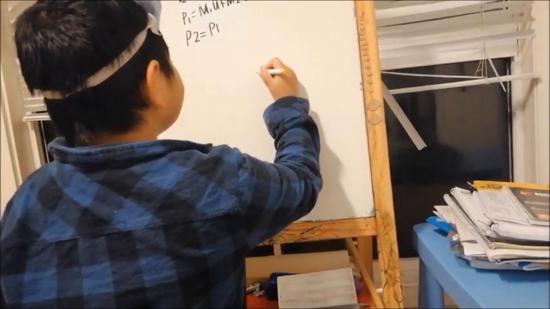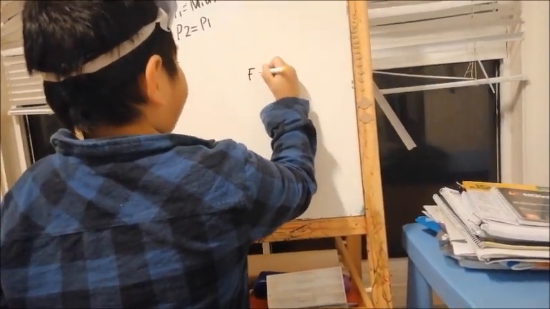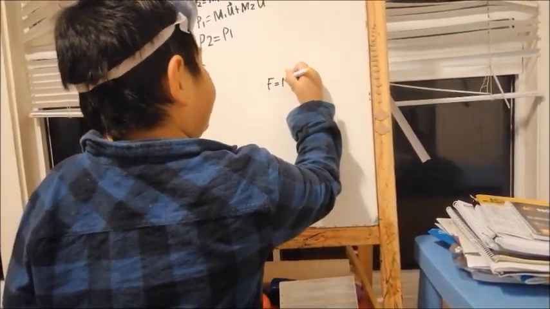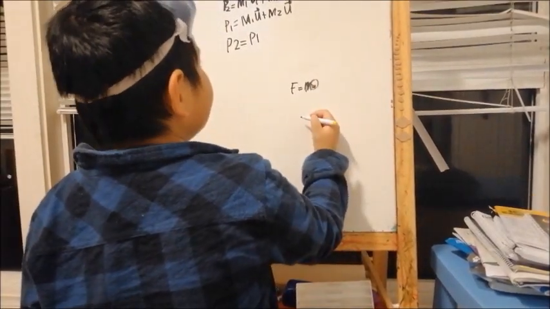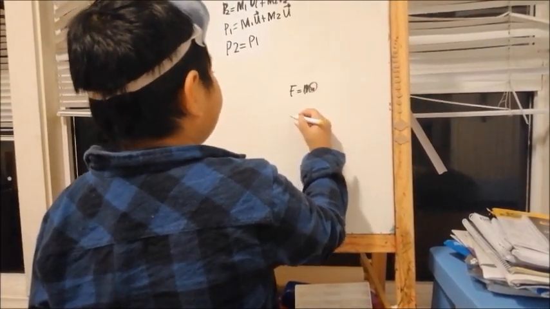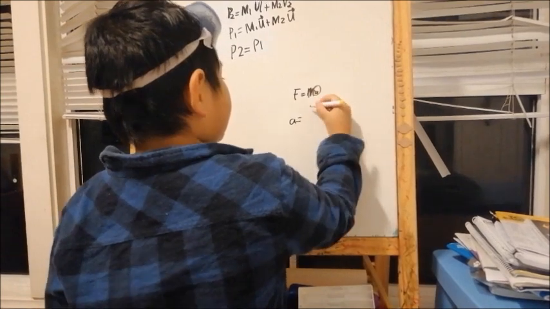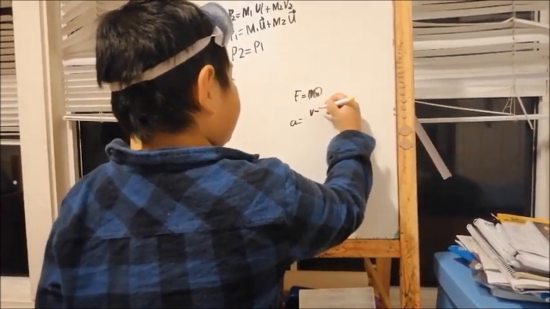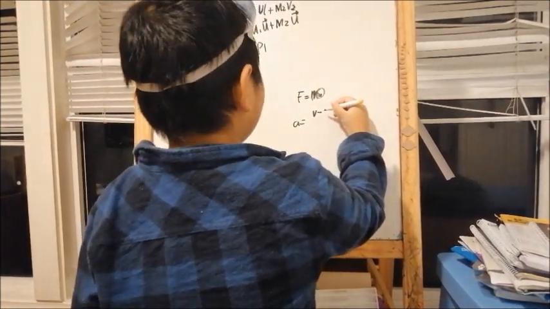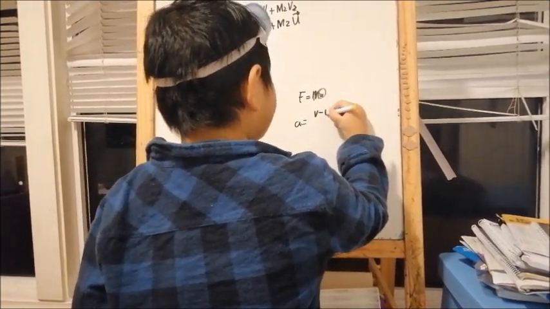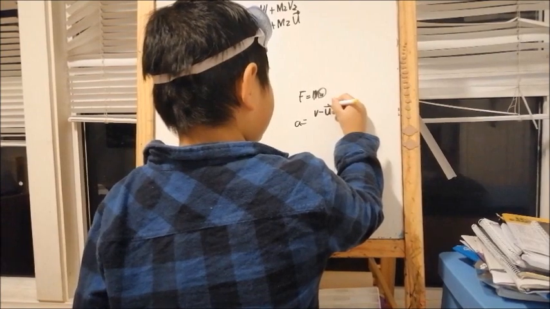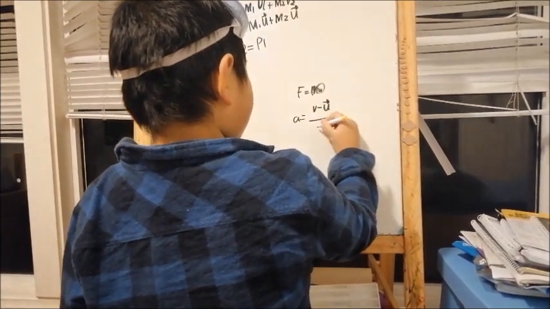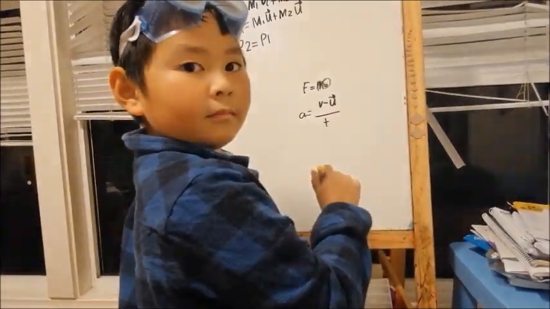So, according to Newton's second law, F equals ma, a can also be defined as the velocity, so the ending velocity minus the starting velocity over the time taken.